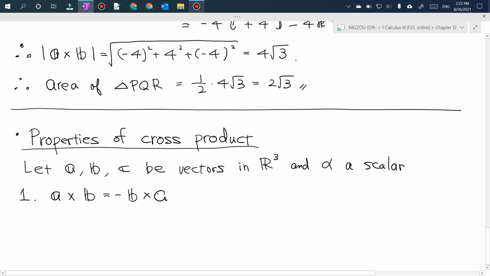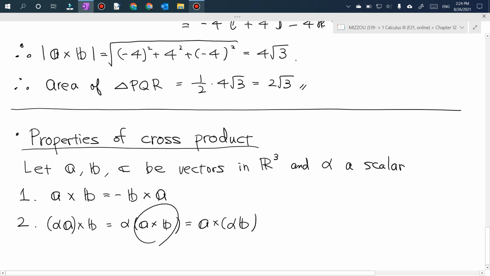So if you change the order of multiplication, you flip the direction, you flip the vector. Now, property 2: alpha A cross B is equal to alpha times A cross B, and that is the same as A cross alpha B. What this means is you multiply alpha to A, namely you extend the vector A by alpha, and then take the cross product with B. That's the same as taking the cross product first and extend the cross product by alpha.